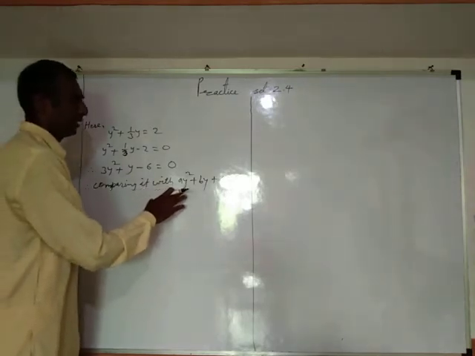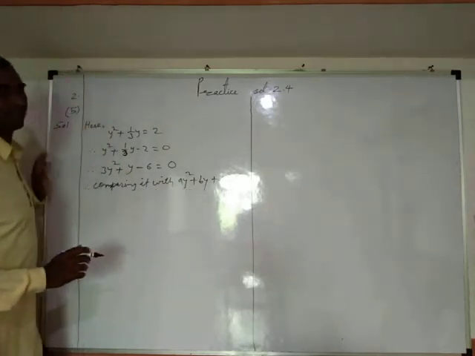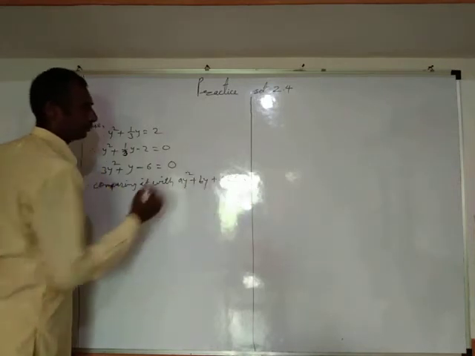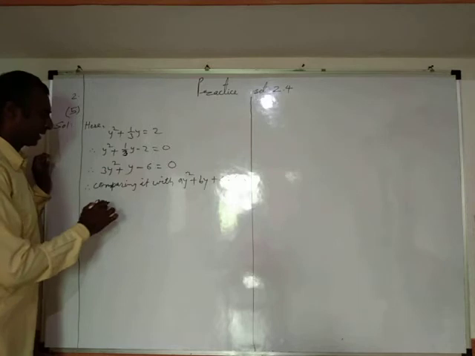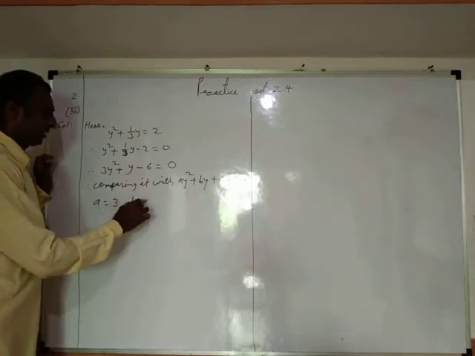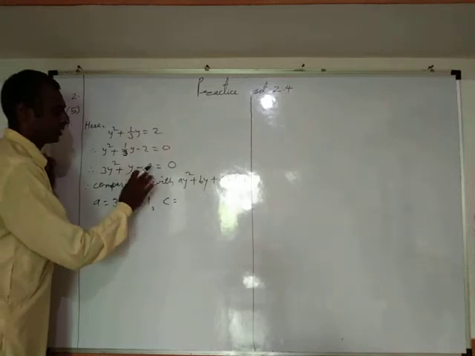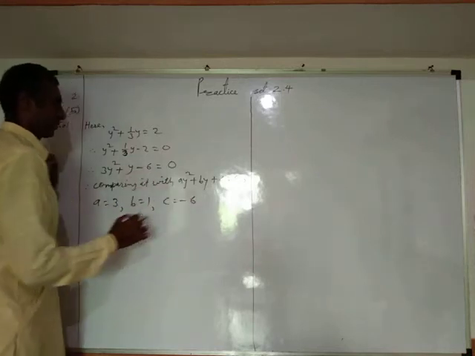General equation ay square plus by plus c equal to 0, comma, a is the coefficient of quadratic term which is 3, b is the coefficient of linear term which is 1 and c is constant term which is minus 6.